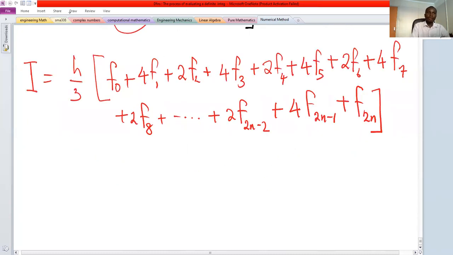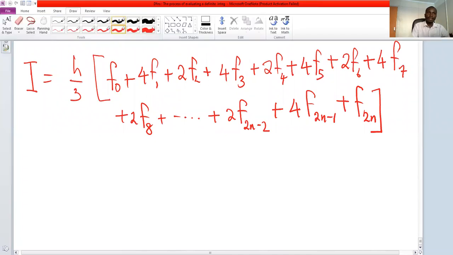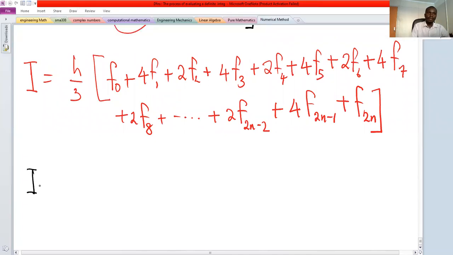Now we can rewrite this I as h over 3 into the extreme ordinates. They are not affected by these multiples. So just write f0 plus f2n.